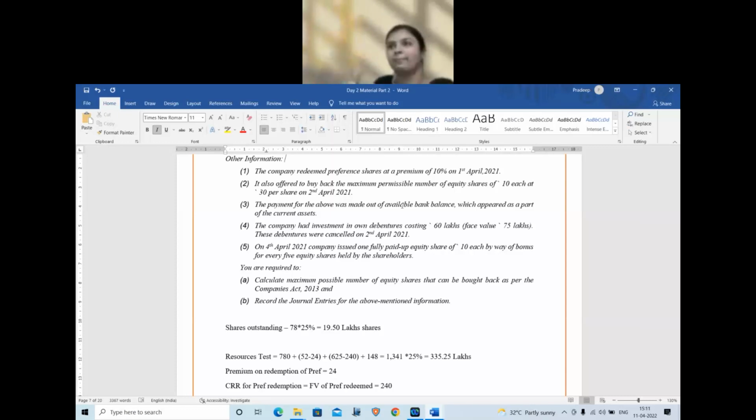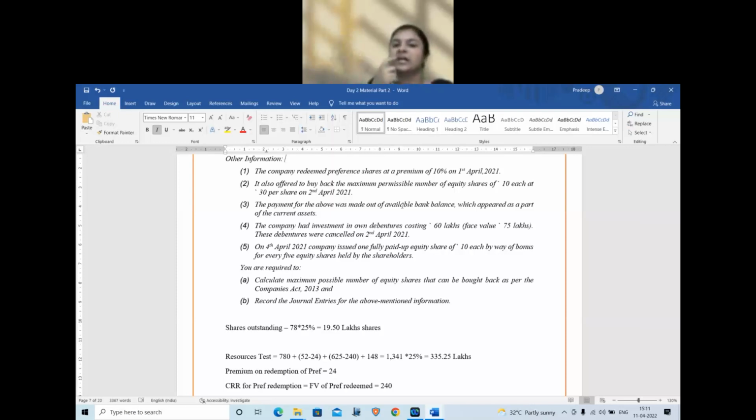Then come to buyback. CRR is at face value. Then the buyback entry, premium write-off entry, settlement entry, and then your CRR entry will come. For both, the mandatory CRR entry has to be passed. Settlement entry will be there for preference also.